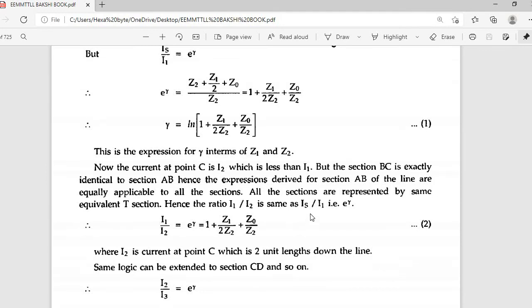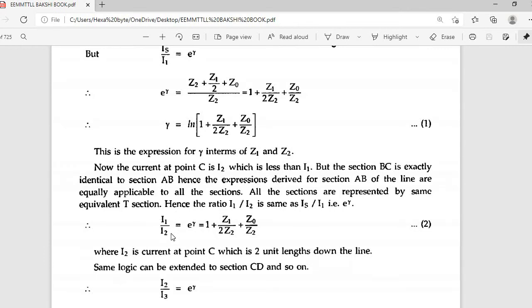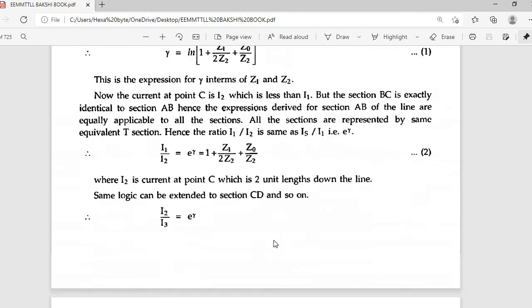This is the first section, IS to I1. Similarly, for I1 to I2, I1 by I2 is equal to e power gamma, and finally e power gamma is equal to the same expression, 1 plus Z1 by 2 Z2 plus Z0 by Z2.